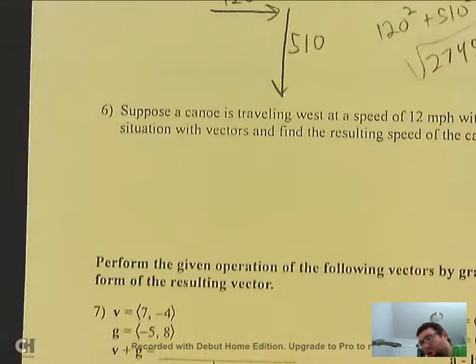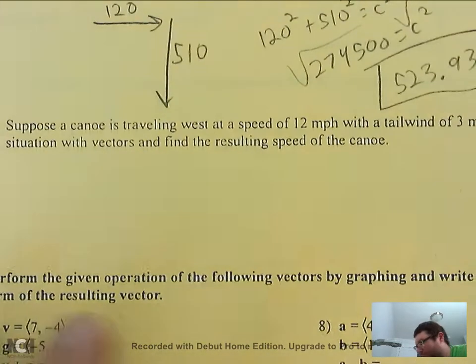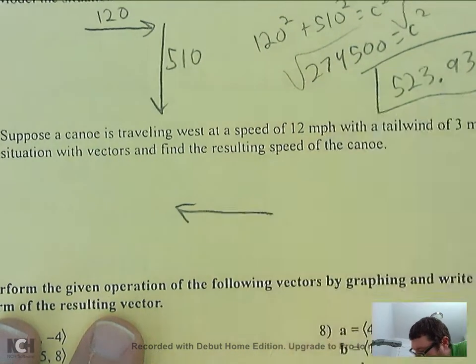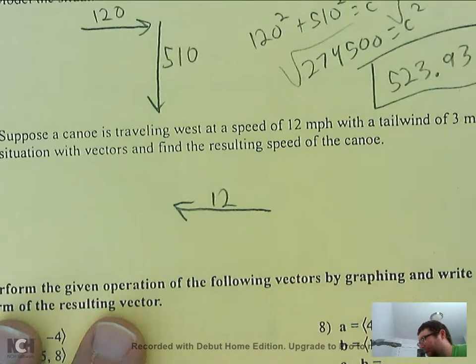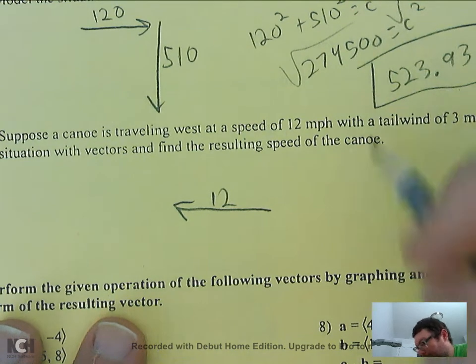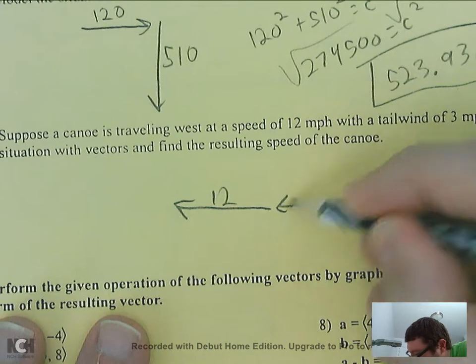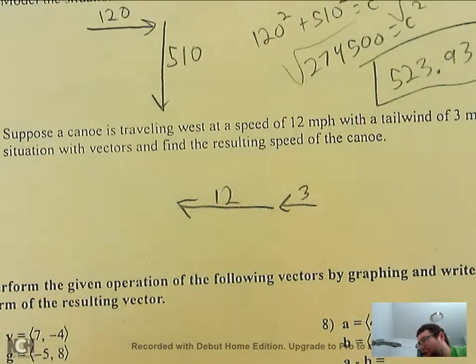Try another one. Suppose a canoe is traveling west. It's going west at a speed of 12 miles per hour with a tailwind. Would wind really mess with the canoe? Well, let's just pretend it does. At 3 miles per hour. It should be like a current.